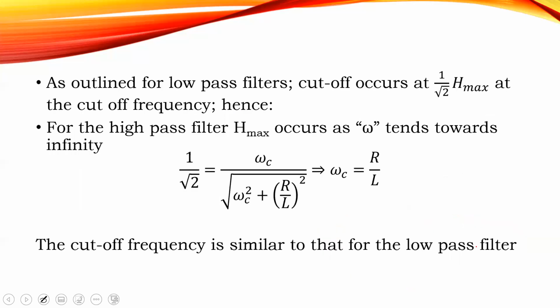If we were to do that, we know that cutoff would occur at 1 over root 2 times H max, at 0.707 H max. And so we make that substitution. I had already gone through the derivation with the low pass filter, so I'm just skipping a couple of steps here.